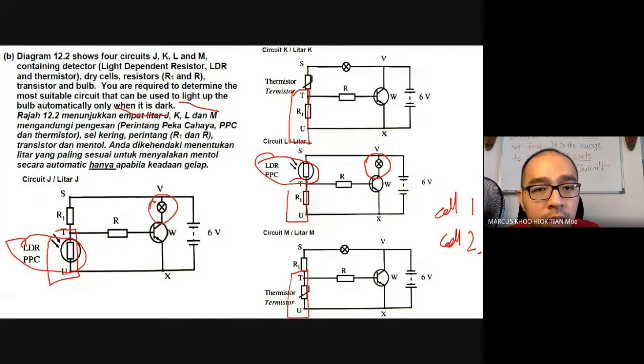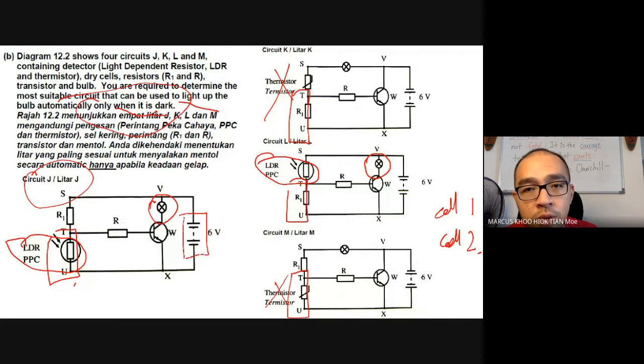It looks to me like J is the best, because the LDR is in TU. This one, thermistor out, but this one the LDR is at the wrong place. We want it to come up automatically when it is dark. Okay, so obviously this is the connection we want, but what is this called, Wilson? Can you think of it?